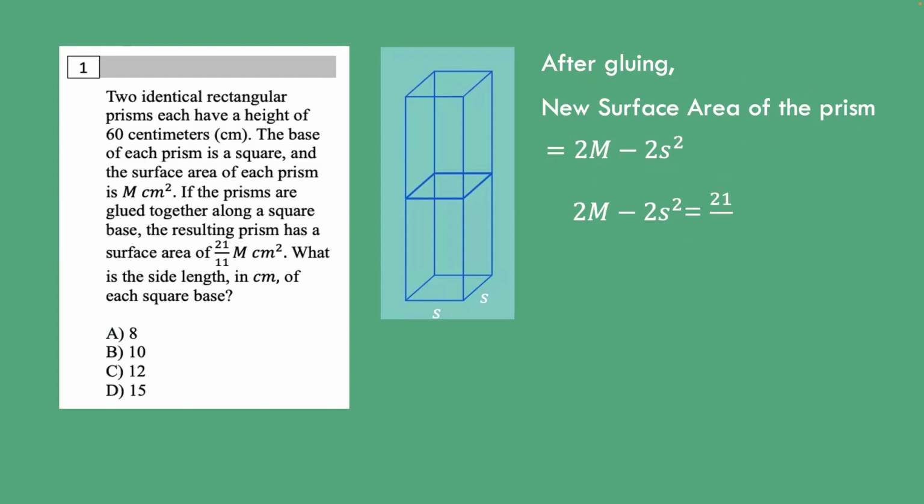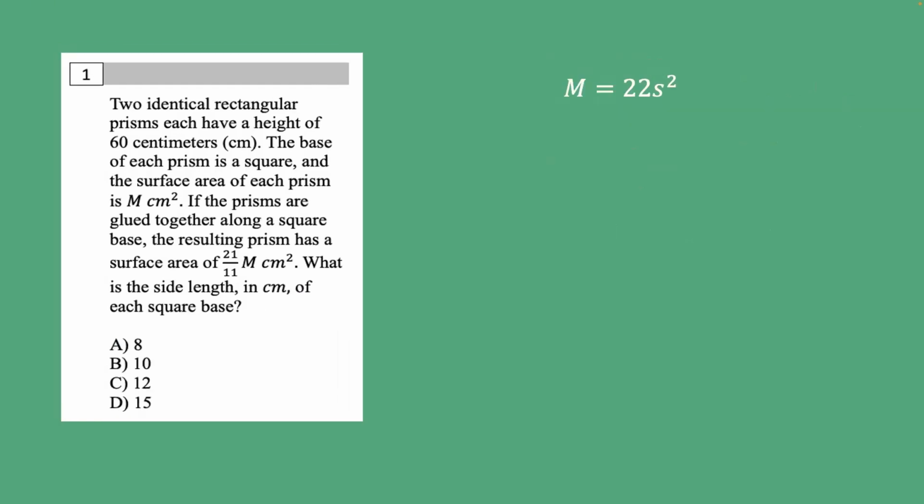2m minus 2s squared equals 21/11 m. Multiply through by 11: 22m minus 22s squared equals 21m, which simplifies to m equals 22s squared. But we also know m equals 2s squared plus 240s.